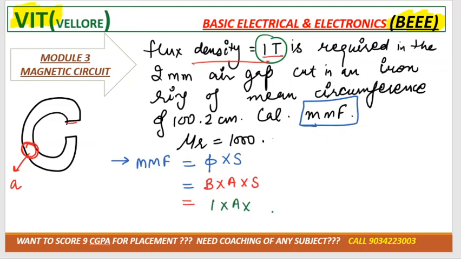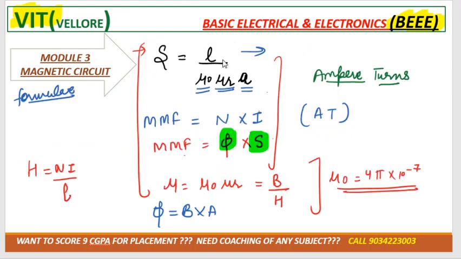Area will remain as it is, and the S formula is S equals L divided by mu naught mu r into area. This one I also wrote here.